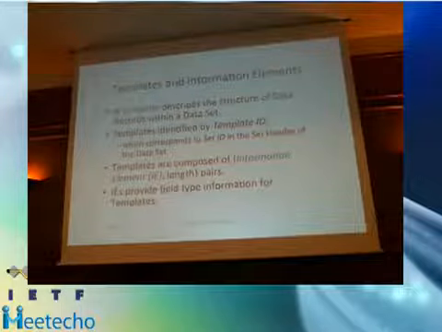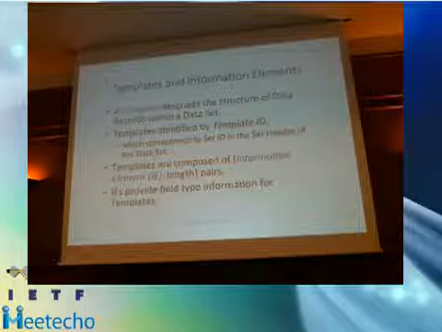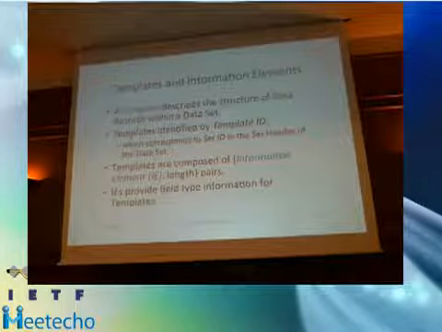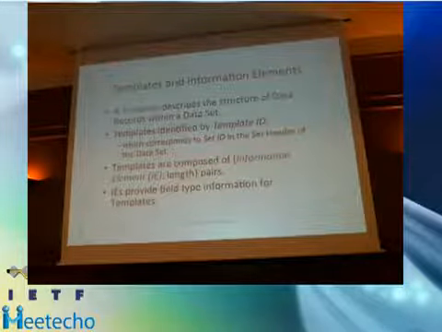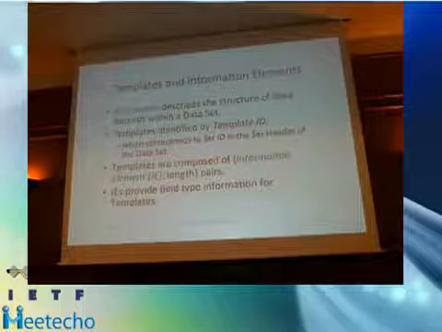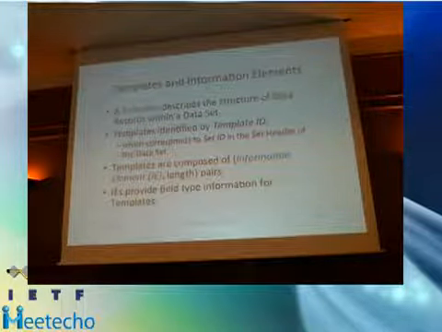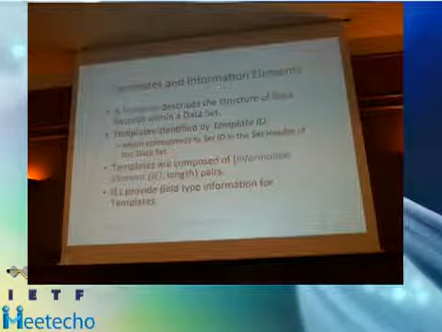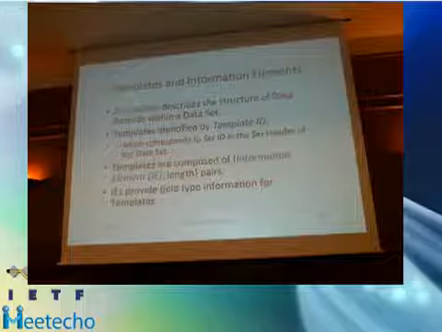So what do we put in these sets? And how do we know what the structure of the records in the sets are? IPFIX is template driven, and this is done via templates. A template is a description of the structure of data records within a set. Every template has an ID. The template ID then refers to the set ID containing the data records that the template describes.